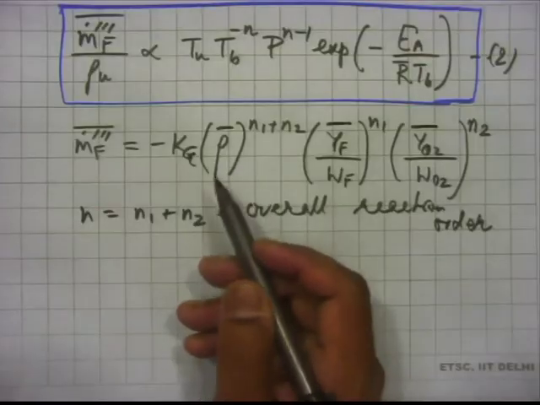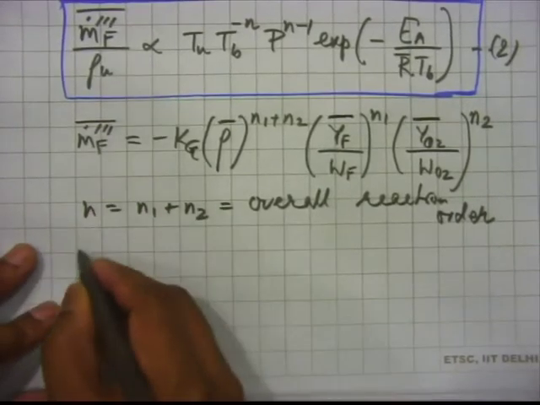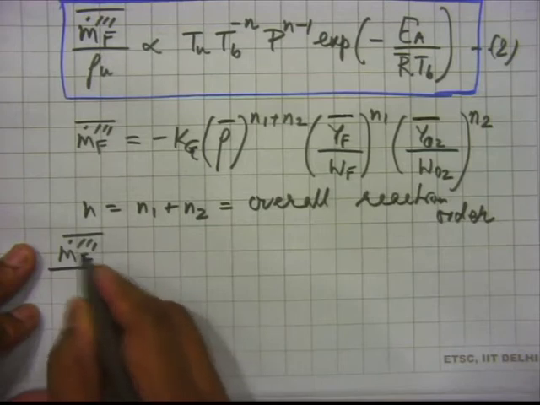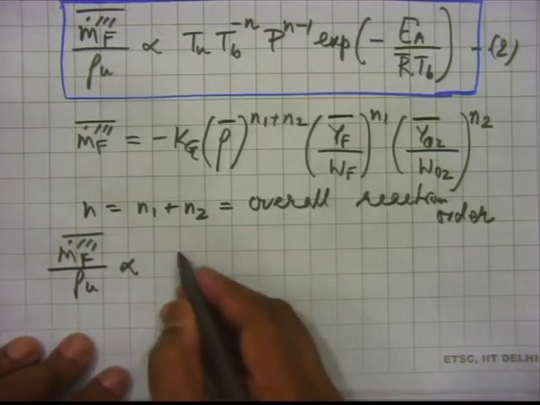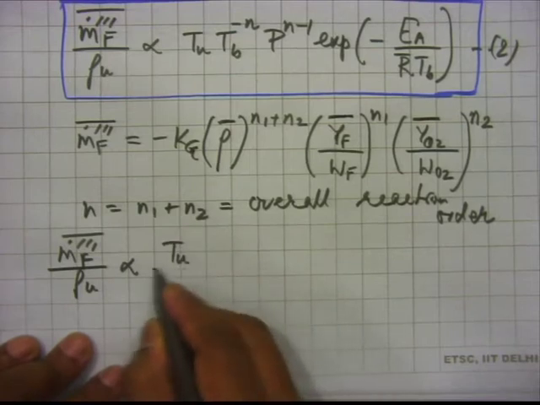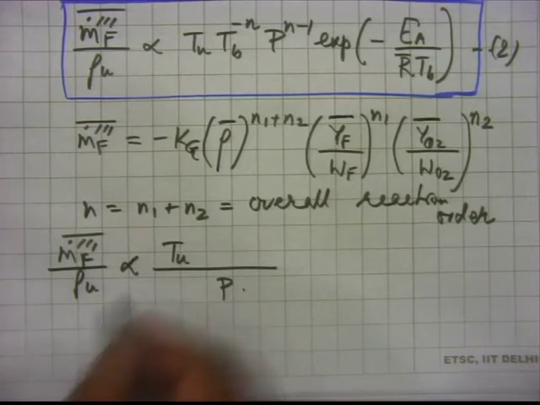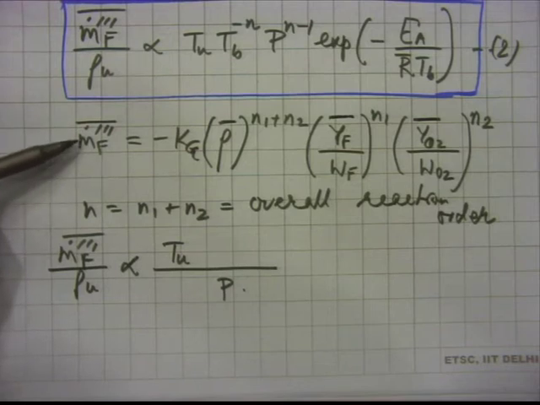So, if you do this for m dot f triple prime bar divided by rho u, then the rho u will give you Tu by P dependence. I have now made this a proportionality, by the way. This was m dot f triple prime bar.